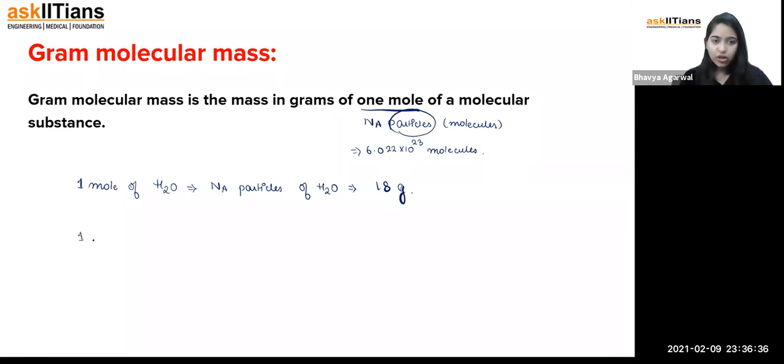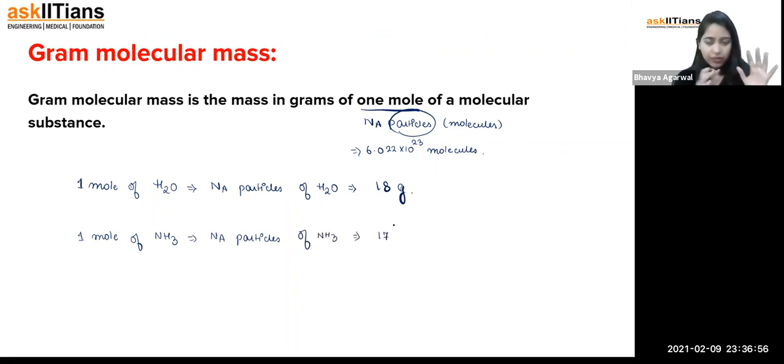Same way, if I talk about 1 mole of ammonia, it means the total mass of Avogadro number of particles or molecules of ammonia. So this mass, I'll be writing it as the number would be as it is, equal to the molecular mass which we just found, and the units will simply change to grams.